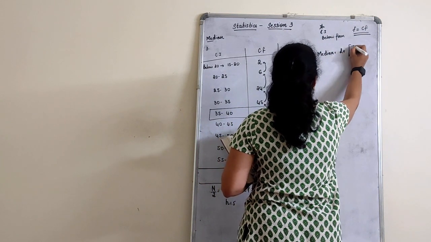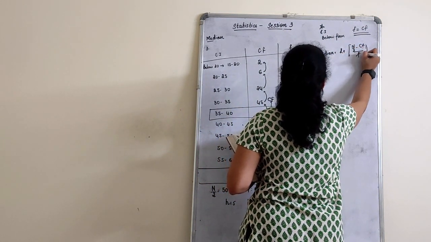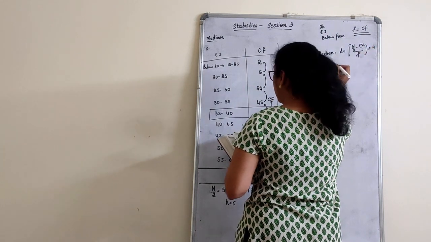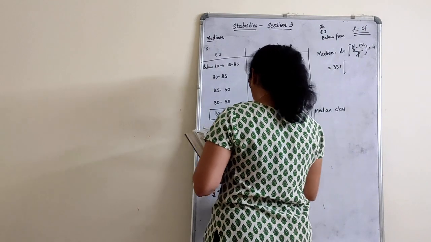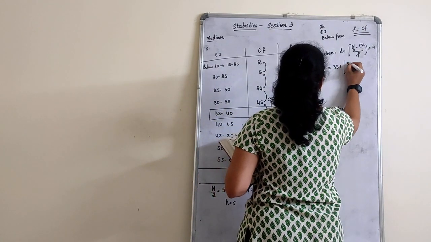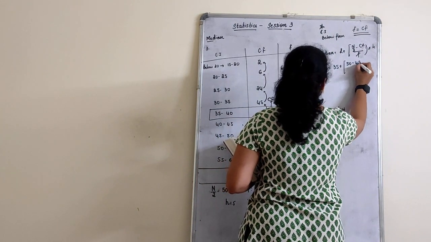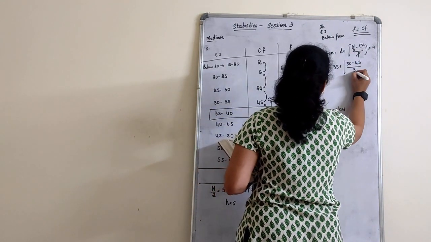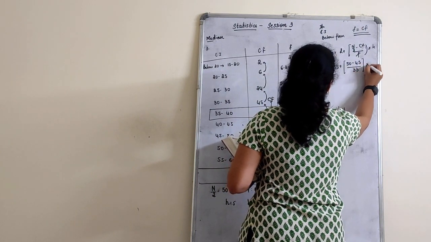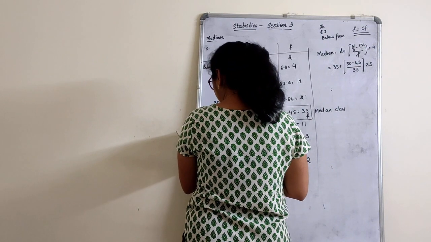Median is L plus n by 2 minus CF upon F into H. L is 35, plus n by 2 is 50, minus cumulative frequency 45, divided by frequency 33, into 5. Final answer also, if you want, I will give you that.